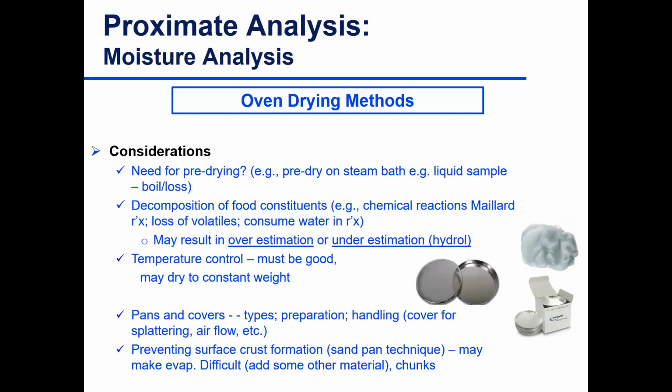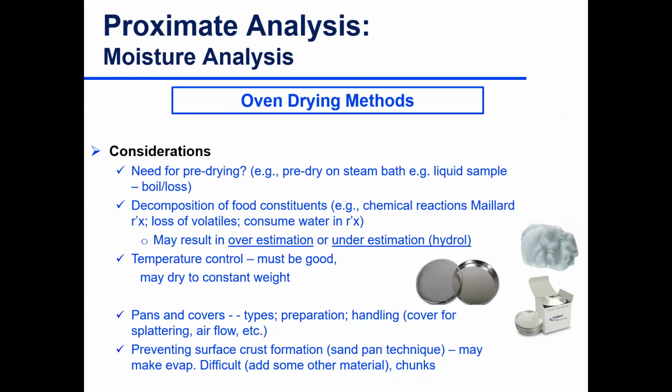And this is then getting into some of these methodologies, oven drying methodologies. You'll find that every product has a standard method to get moisture content. In some cases, you may have a sample that has to be pre-dried, maybe by putting the product on a steam bath. If you're going to determine moisture content in milk, what would happen if you simply put it in the vacuum oven?